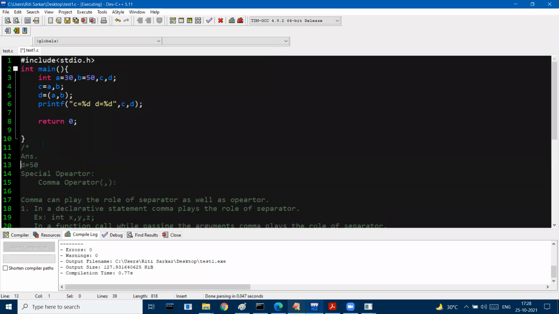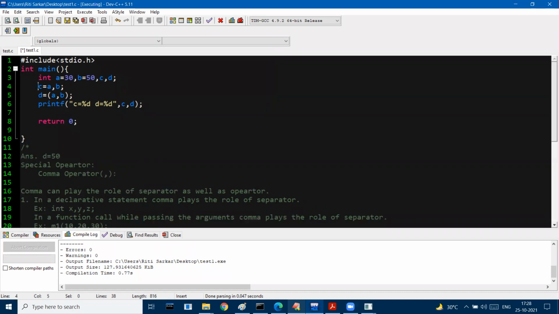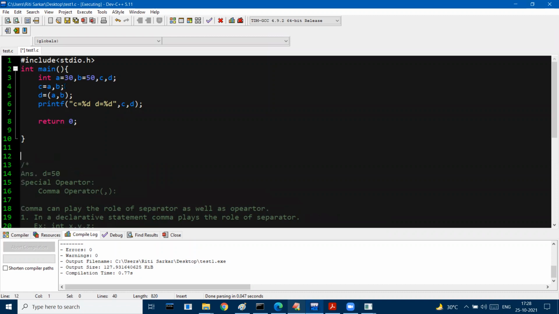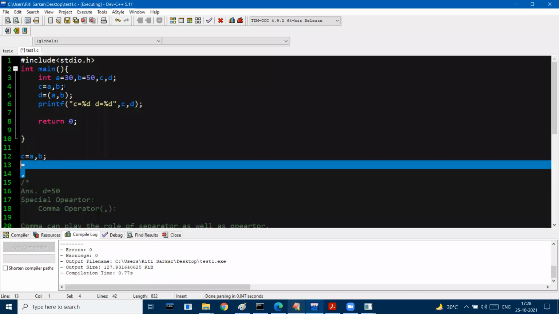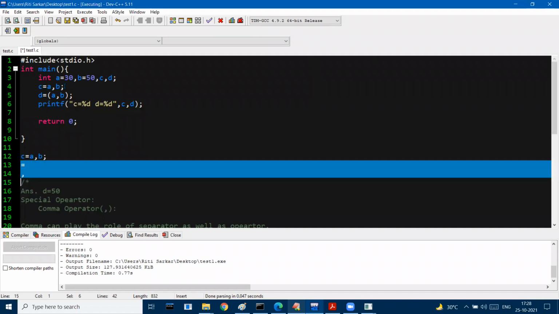Now, you come to this line, guys. This is very important. Without bracket, with bracket, it will behave differently. See here, C is equal to A comma B. First of all, how many operators are visible here? Assignment and comma. Now, who has high precedence, guys? Sir, assignment has high precedence compared to comma.